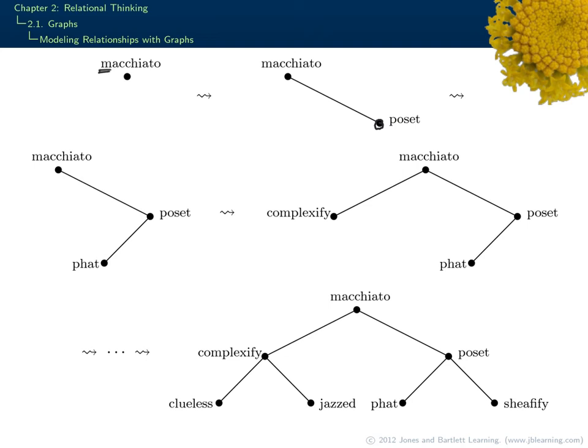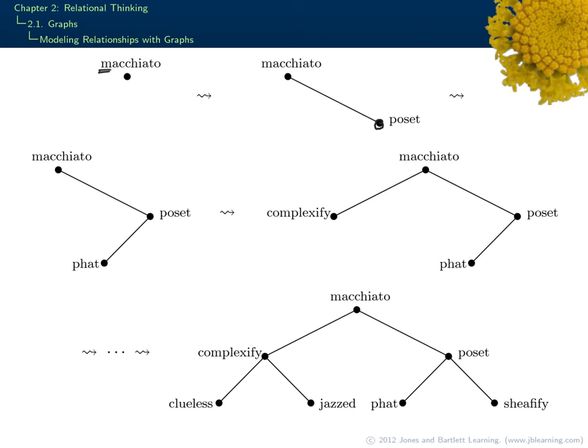All right, so then we move on to the third word in the list, which was fat. Now we start at the top, and we think about macchiato. Does fat come after or before macchiato? If it comes after, which it does, you move down along the existing edge to poset.